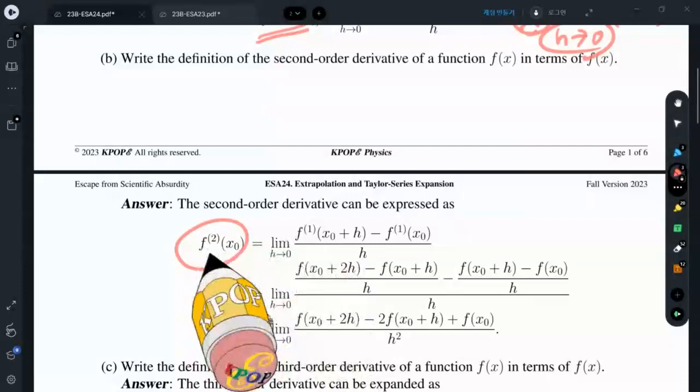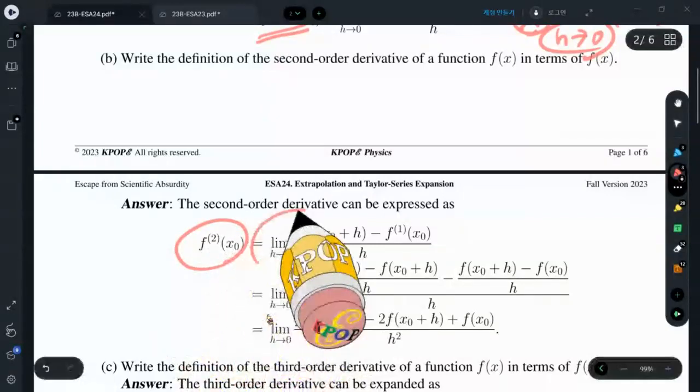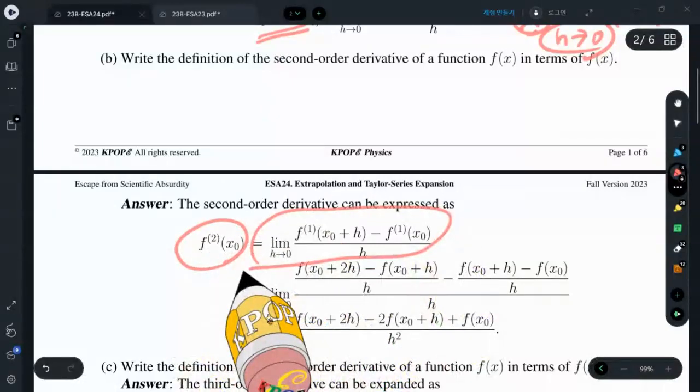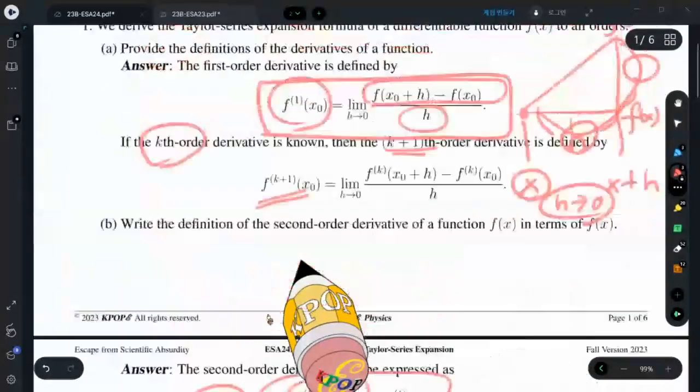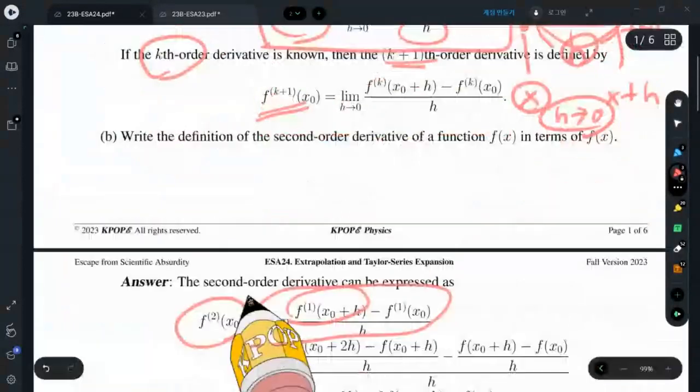The second order derivative is the derivative of the first order derivative. So I substitute the complete expression in here.